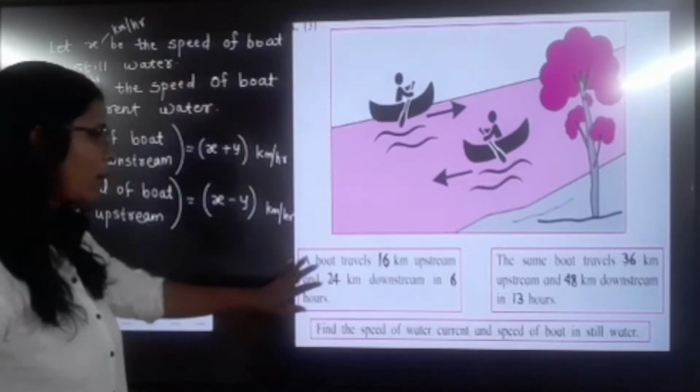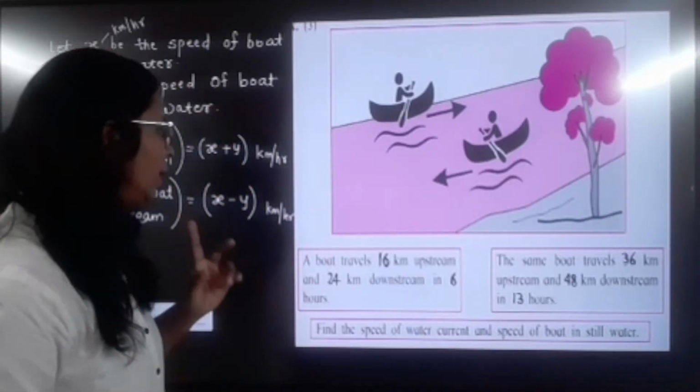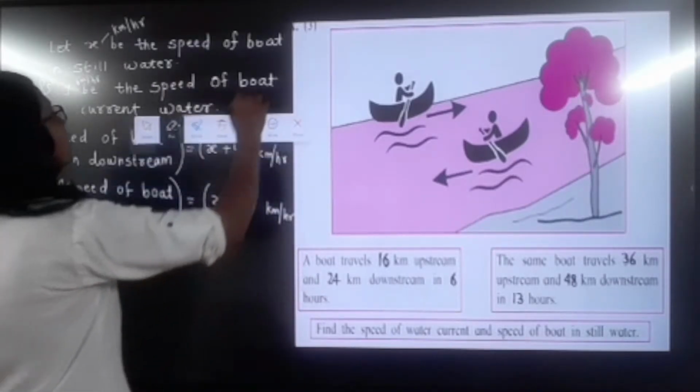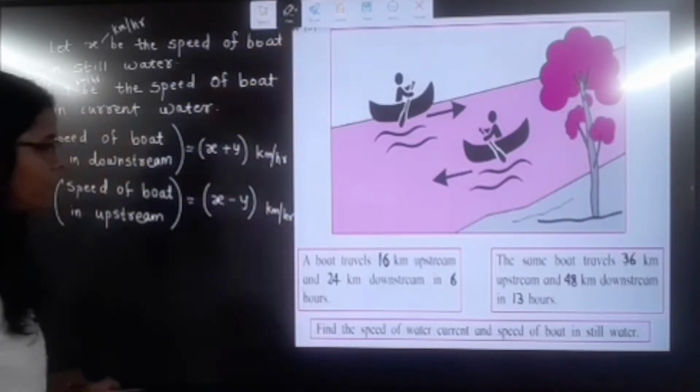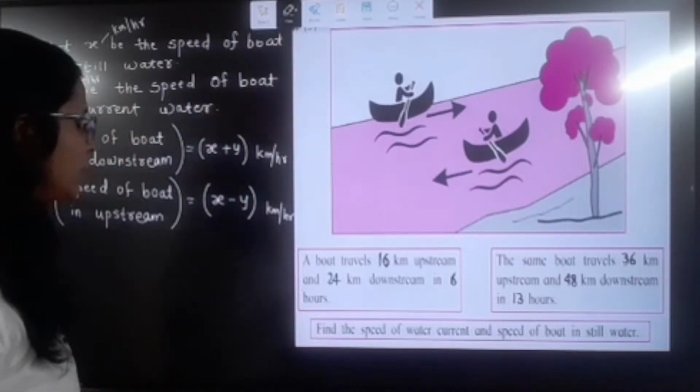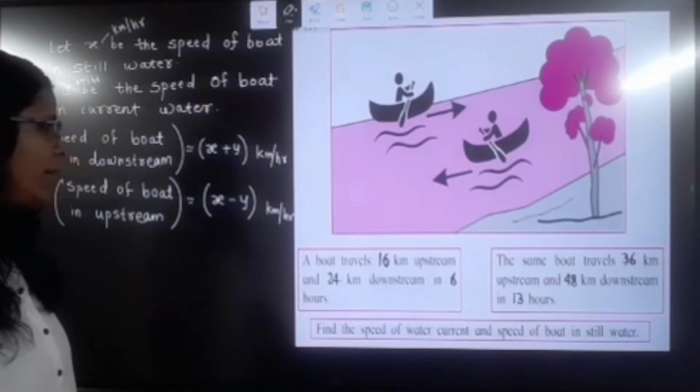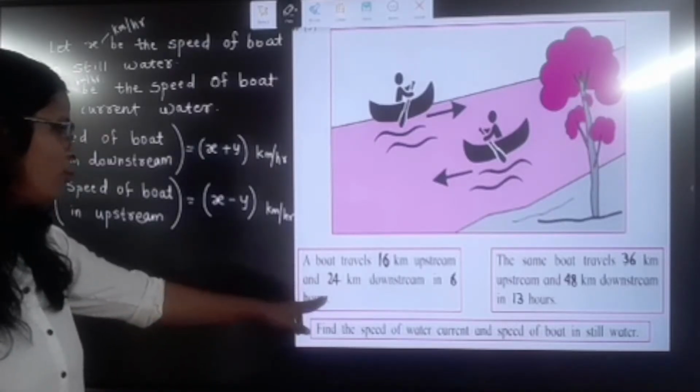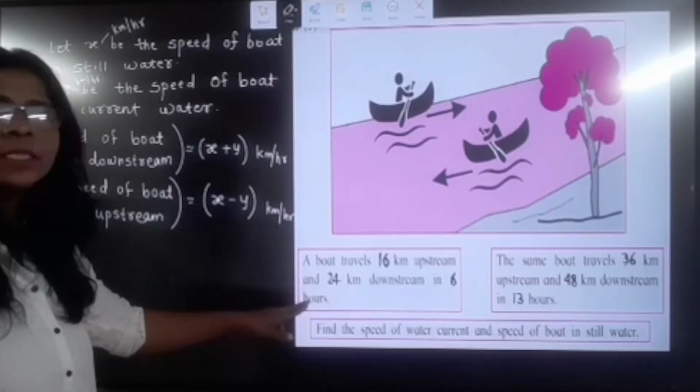So from this information we first find out the first equation. Upstream 16, downstream 24, and in 6 hours.